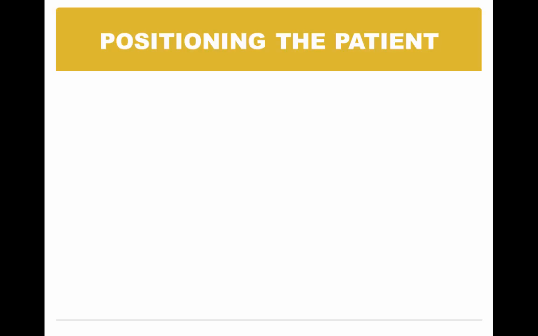Positioning the patient: ask if the patient has had problems before with drawing blood. The patient should always be seated with the proper support under their arm, or have them lay down if they have a tendency to faint.